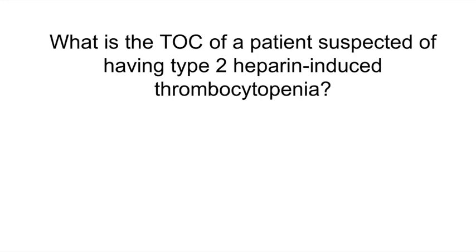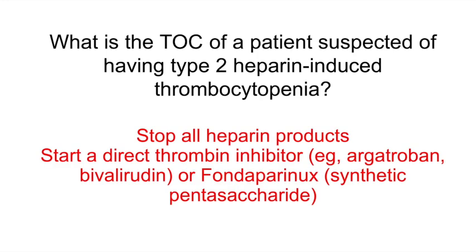Stop all heparin products. Start a direct thrombin inhibitor. So HIT should be suspected clinically when patients' platelet counts fall greater than 50% from baseline 5 to 10 days or 5 to 14 days after starting heparin.